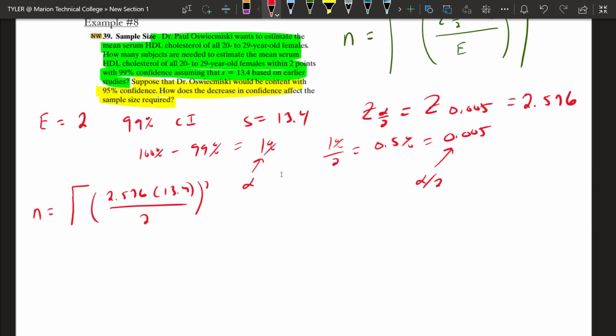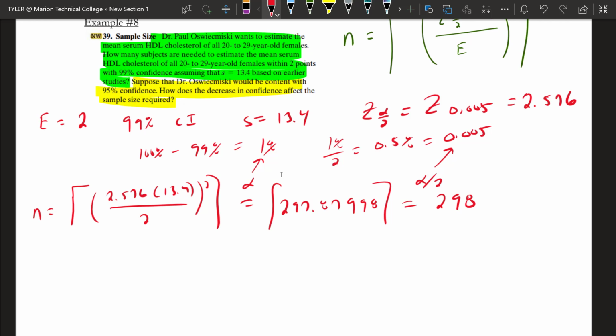So if we simplify the inside part, that comes out to be 297.87998, right, and some more decimals. We don't really care about that, because we're taking the ceiling of it, so that's just going to go up to be 298. So using that equation by hand, we're getting an n value of 298.